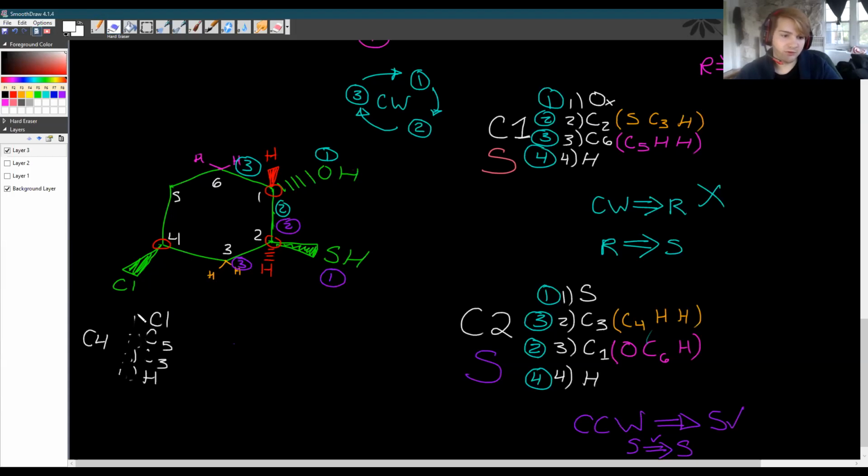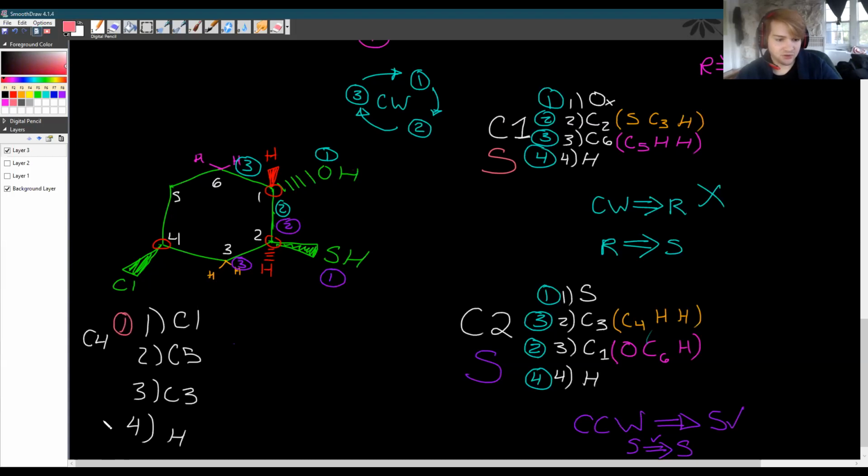I'm going to need more room. And of course, once again, I'll do it in pink, chlorine's going to win, the hydrogen will lose. Carbon is equal to carbon, so we have to check their shopping list.